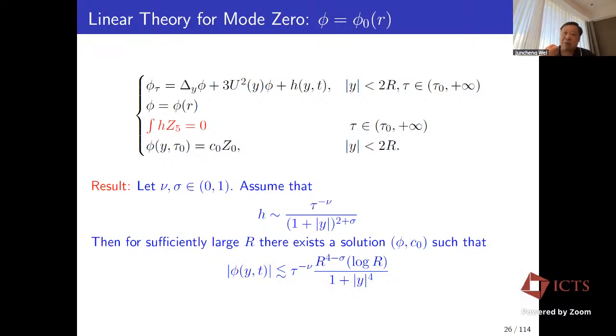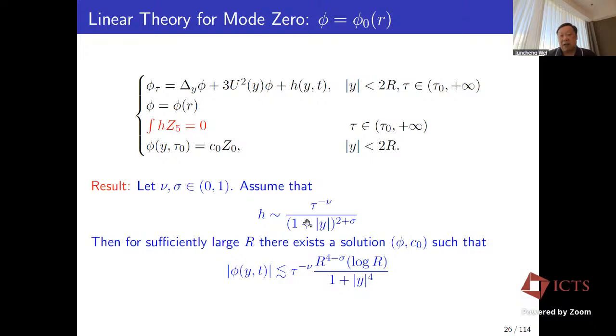The solution we are going to build is big in the interior, but near the boundary, y close to R, it decays slightly. This is the linear theory that I am going to present.